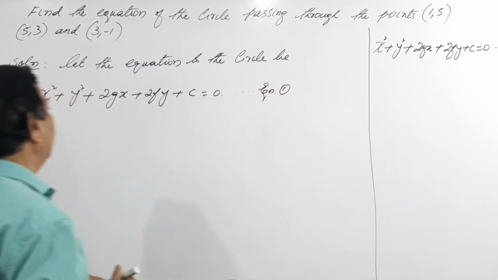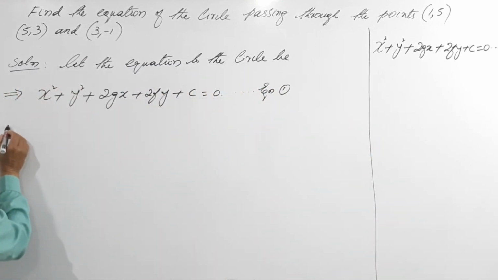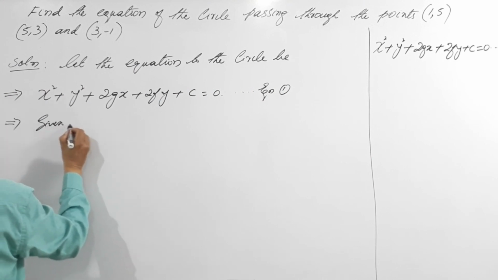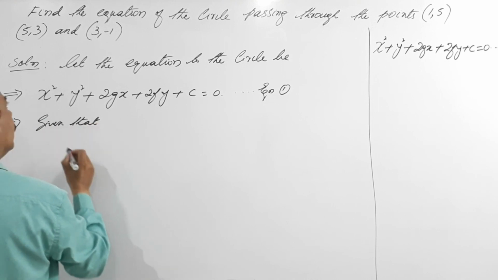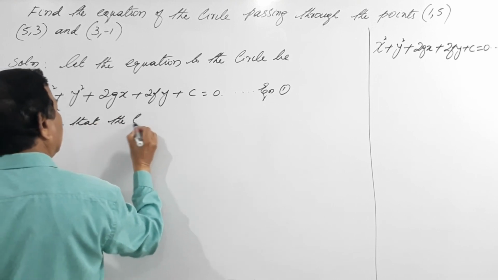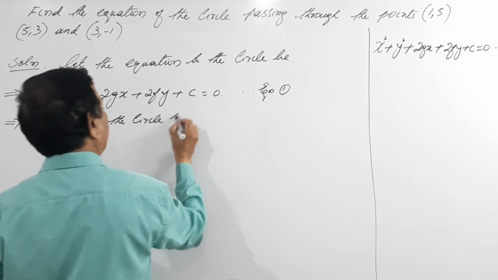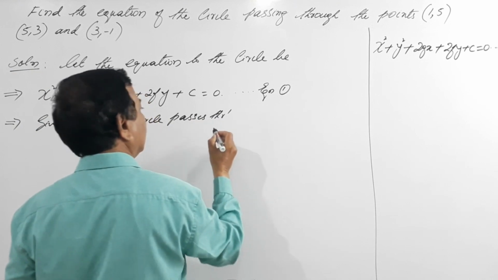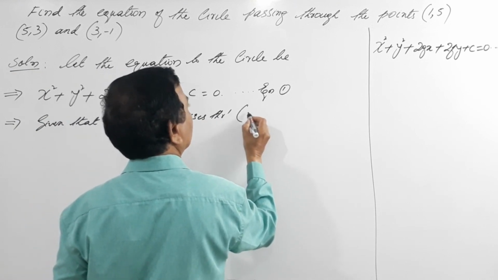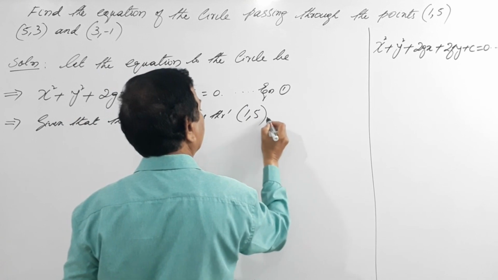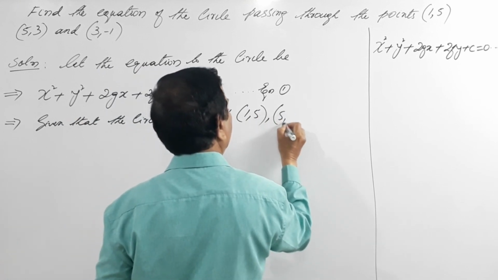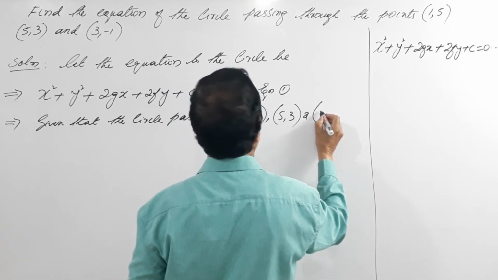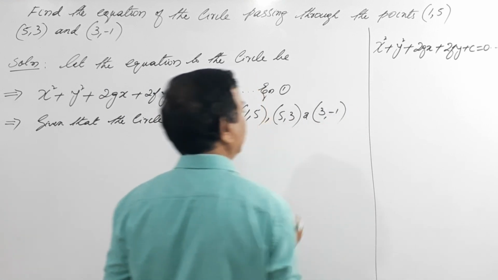So done. Now, given that the circle passes through (1, 5), (5, 3) and (3, -1).